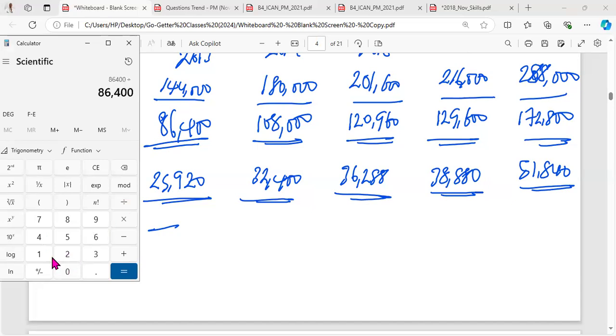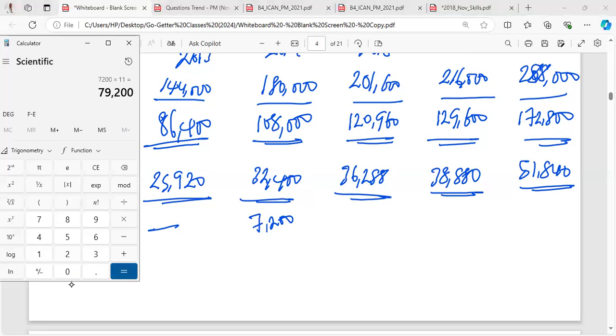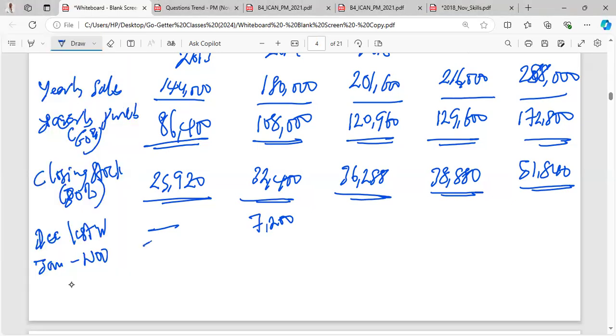If we divide this by 12, we are getting 1 month, which is 7,200, which is going to be December figure that will enter next year, 7,200. So it means that 7,200 will enter here. The remaining 11/12, if you multiply by 11, is 79,200 will be here. 79,200 means this plus this should give you this.